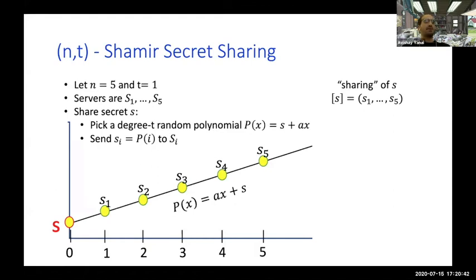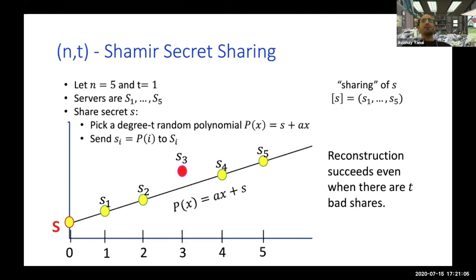So the secret S is where that line crosses the y-axis. For notation, the sharing of S is the list of shares that the servers obtain for a secret S, and it is denoted by square brackets.